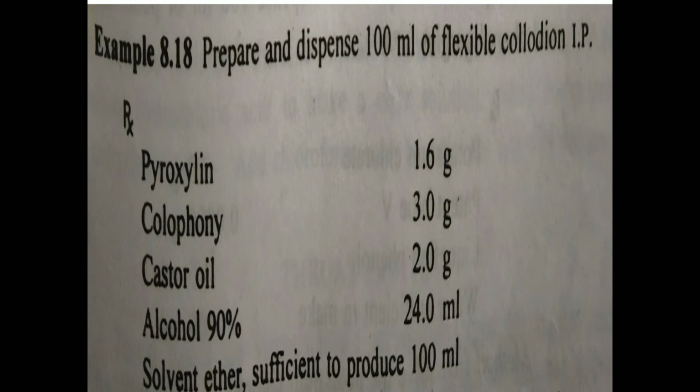For the procedure, 1.6 grams of pyroxylin is dissolved in 24 ml of alcohol, and colophony and castor oil are added and mixed together, then ether is added. It is shaken and the remaining quantity of flexible collodion is made up with ether. Transfer into a bottle. If any foreign particles are present, it can be filtered.